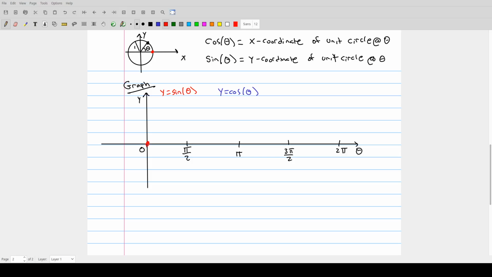That corresponds to this right here. At pi over 2, the sine function is 1. At pi, the y-coordinate is again 0. At 3 pi over 2, which is this angle right here, the y-coordinate is actually negative 1, so it's down right here. And at 2 pi, it's back at the point we started at, and the sine function is equal to 0.